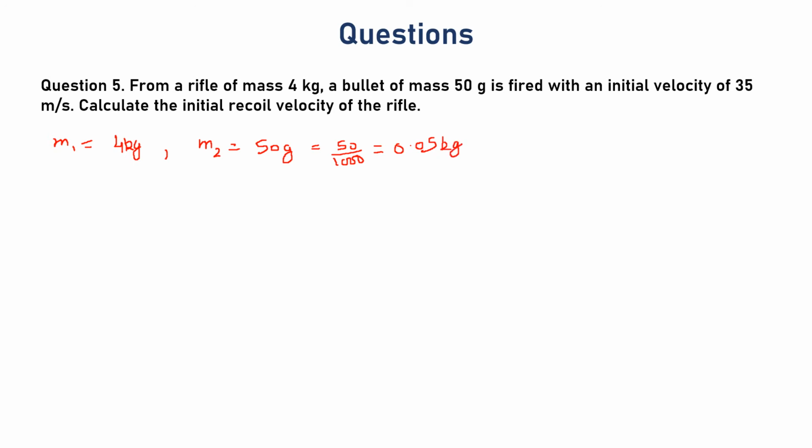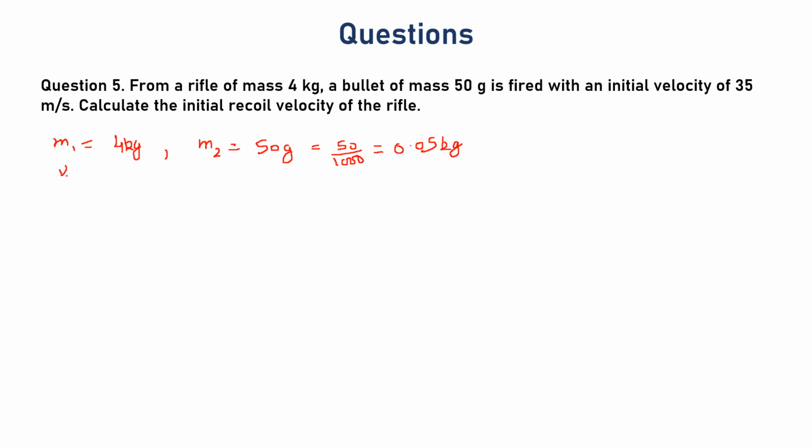Okay, so what about the momentum of the rifle? For finding the momentum of the rifle, I have got the mass, but do I have the velocity? No, we don't have the velocity, so that we have to find out.